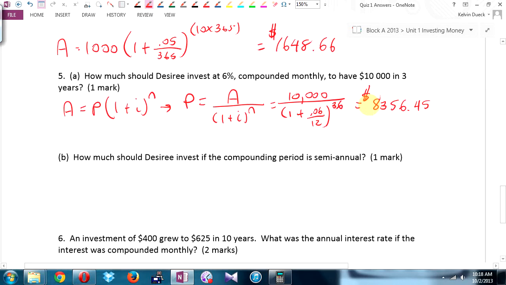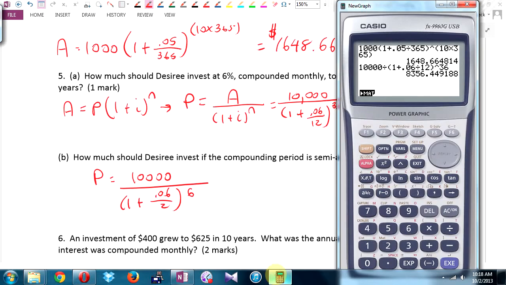B. How much does she invest if the compounding period is semi-annually? Same question, except it's going to be divided by 2 and to the power of 6. I can do that.